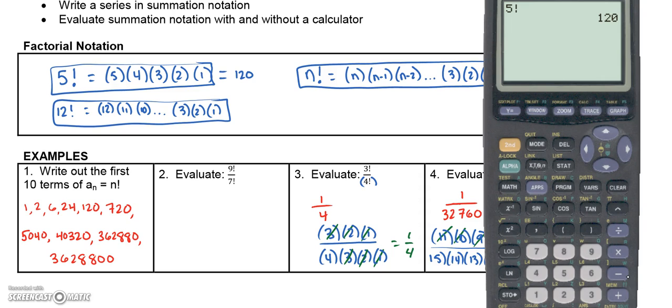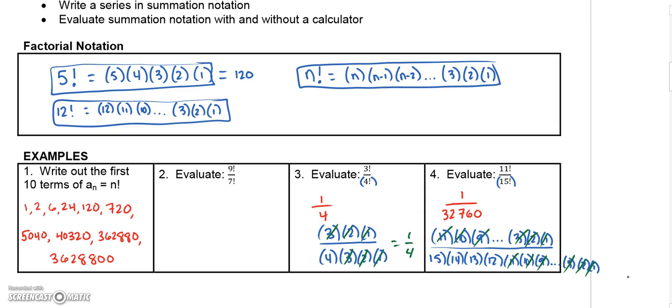Okay, so let me show you how we can do some simplification. 9 factorial over 7 factorial. If you were going to do this on a calculator, make sure you contain the bottom in parentheses. But what this means essentially is 9 times 8 times 7, and I continue this till I get down to 1.